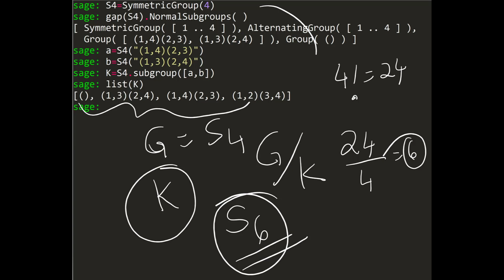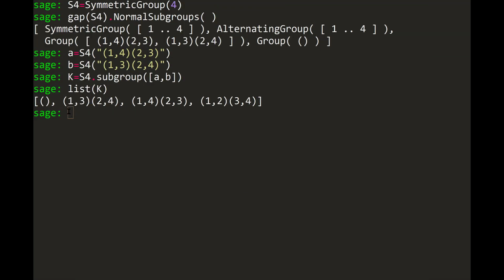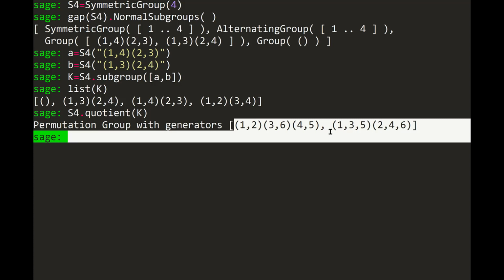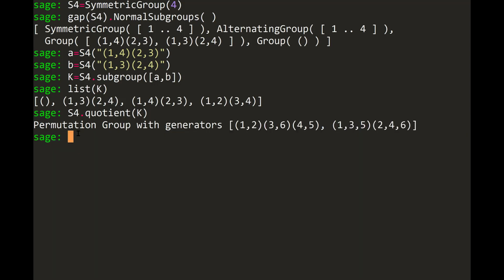So let's see how Sage Math will give us the factor group. The way we obtain this in Sage Math is that, instead of factor group, it will take it as quotient. So we want the quotient of S4 by K. What it did was give us the generators, which of course should give us 6 elements. Let's just define them.